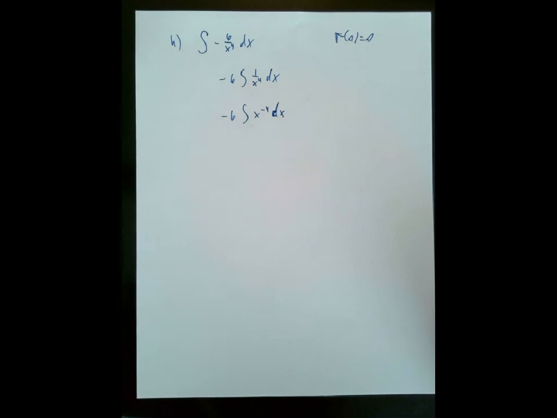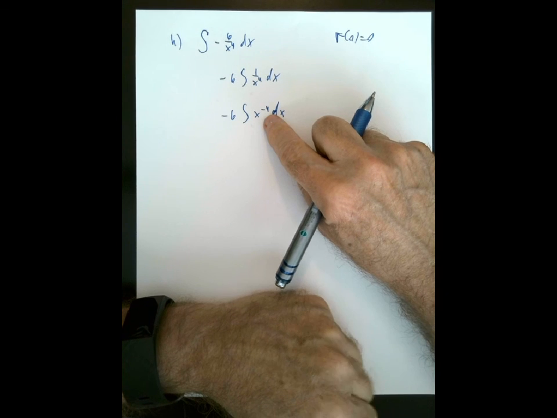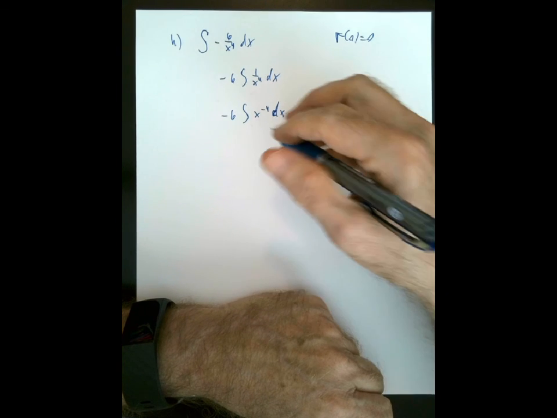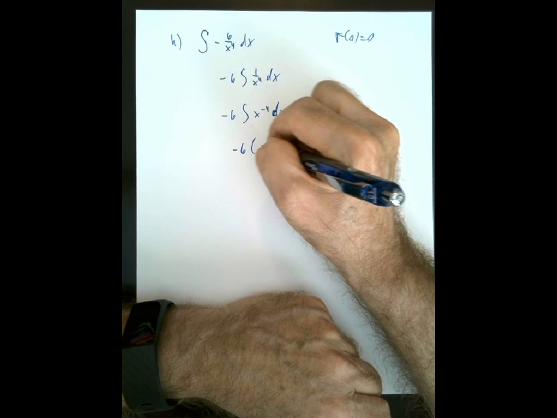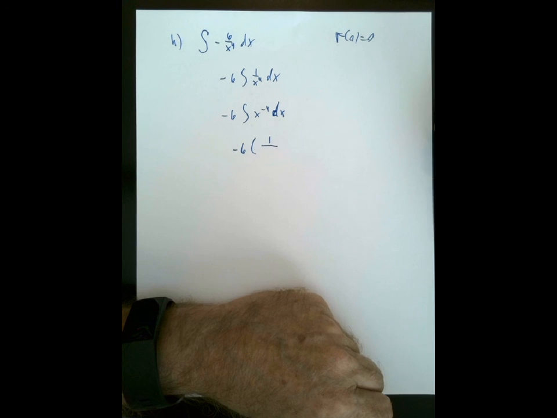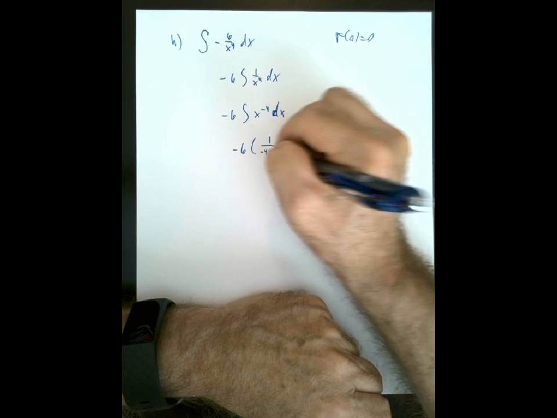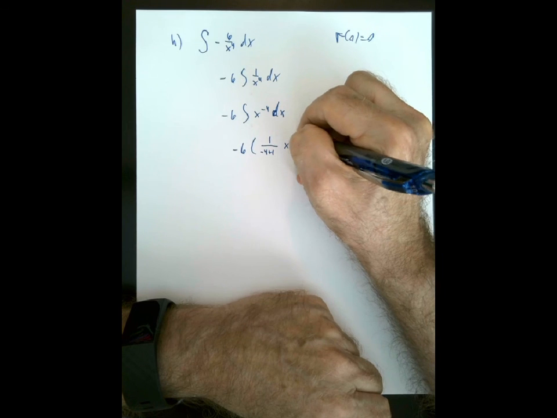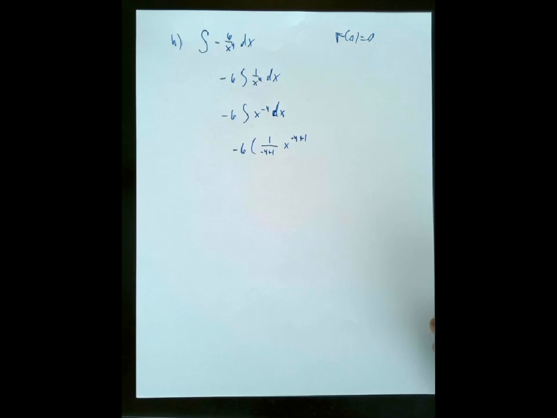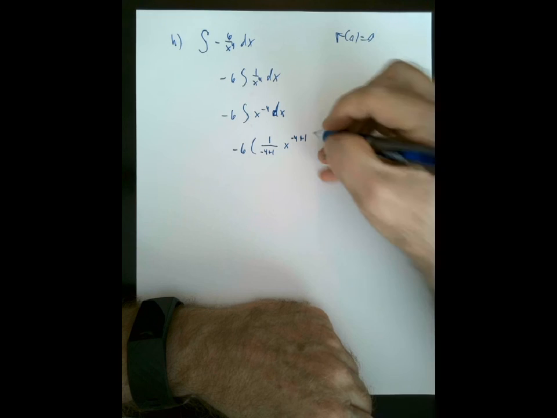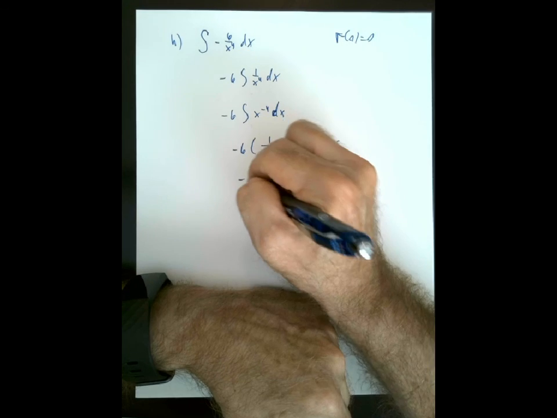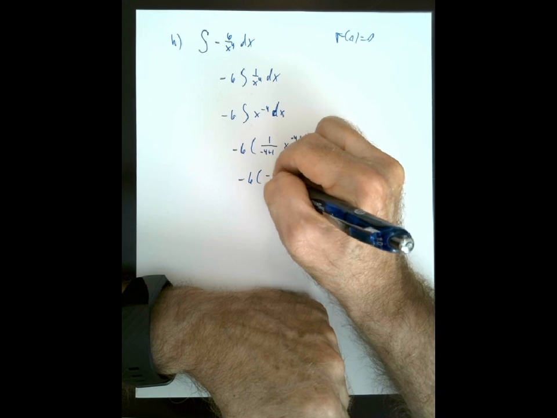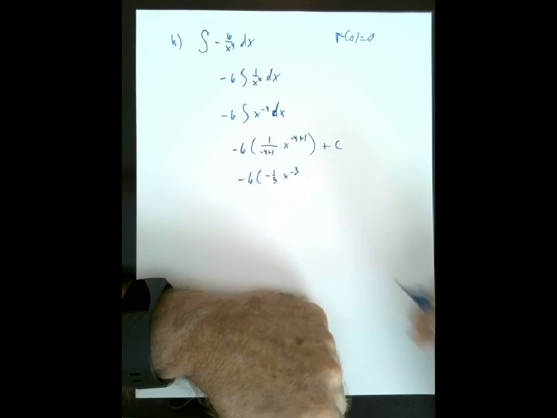All right, now we are going to take the antiderivative. So remember, this is going to be negative 6 times 1 over negative 4 plus 1 times x to the negative 4 plus 1. That's our power rule there, plus c. So this is negative 6 times negative 1/3 x to the negative 3, right?